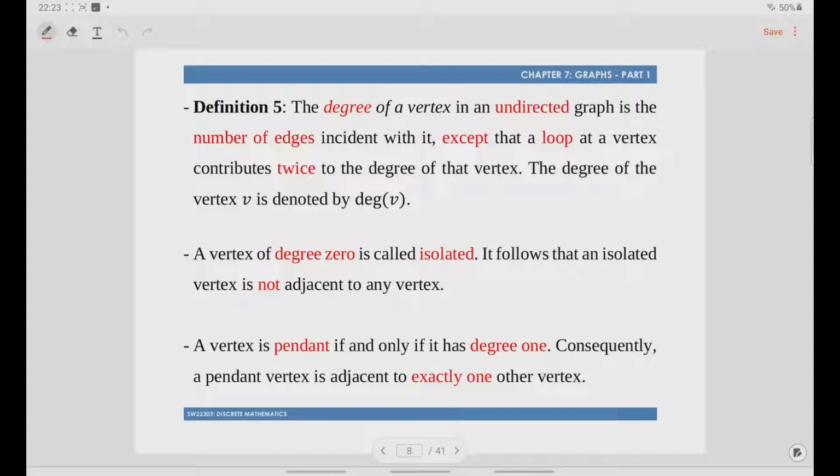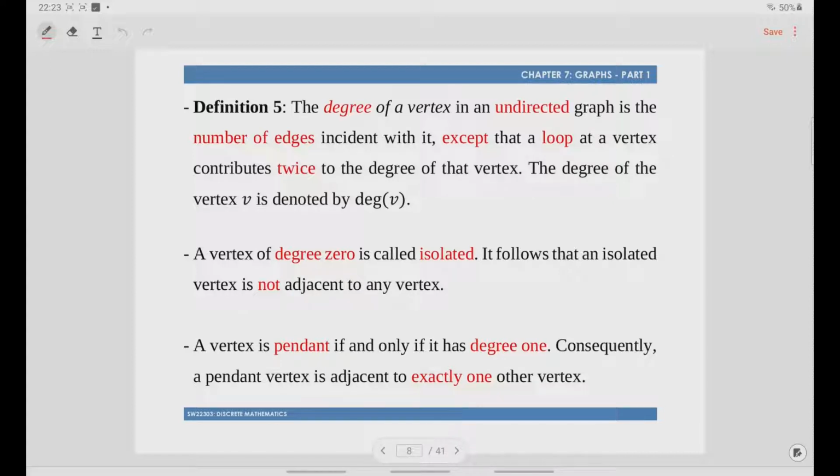A vertex with degree 0 is called isolated, because there is no edge coming to this vertex. It follows that an isolated vertex is not adjacent to any vertex.